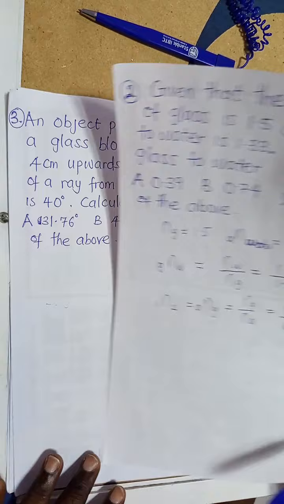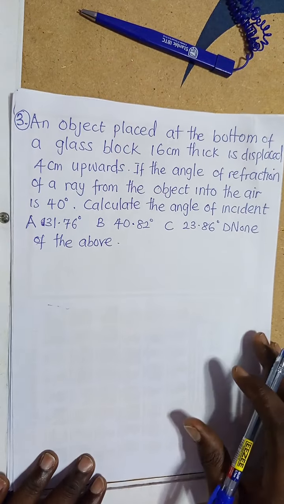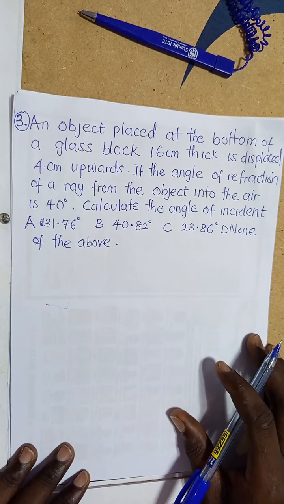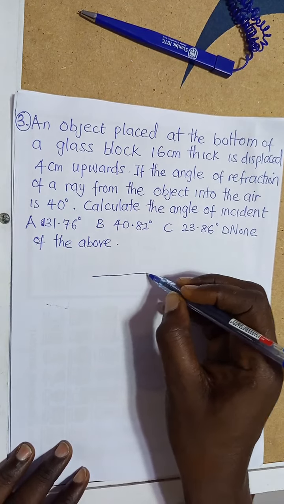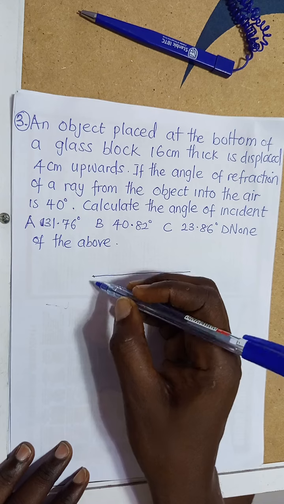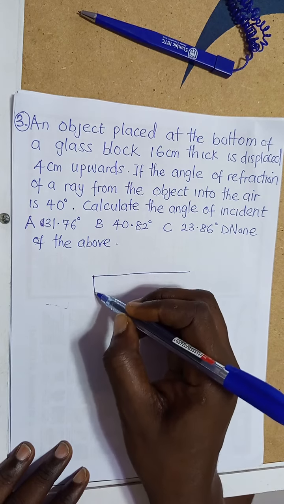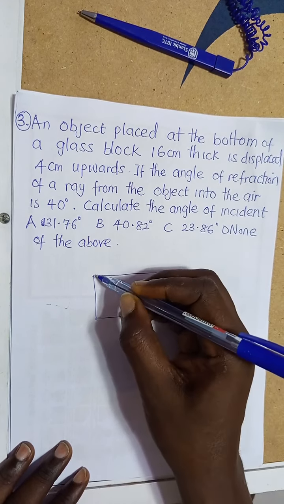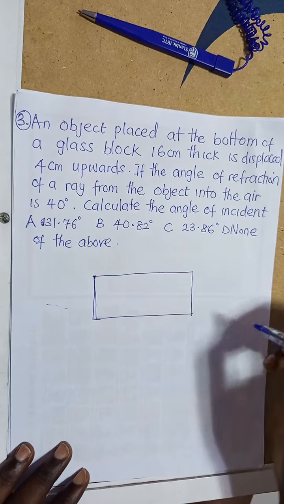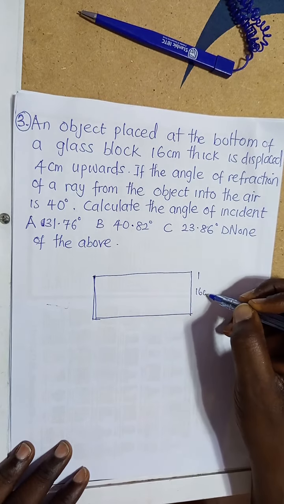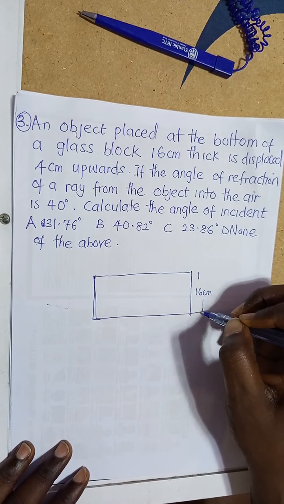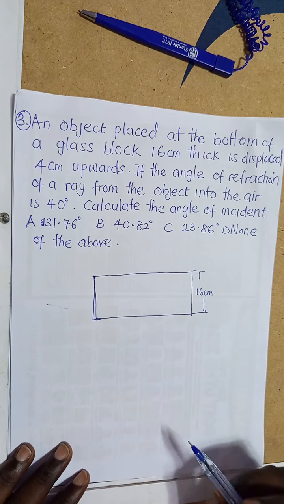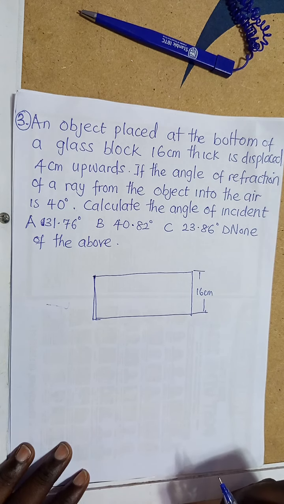The next question now says, an object is placed at the bottom of a glass 16 centimeter thick. Let's say this is a glass block. It is 16 centimeter thick, and the object is placed at the bottom of the glass block.